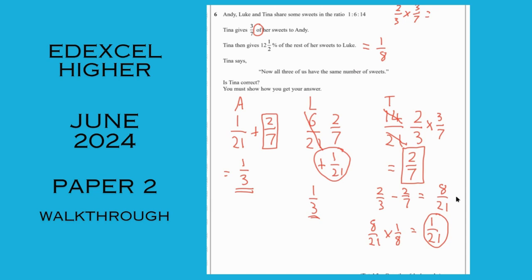You can either do over here, you can either go an eighth, 8 over 21, take away 1 over 21 is 7 over 21, which is also 1/3. But I think demonstrating that each of these is 1/3 by a process of elimination, Tina must also have 1/3, because otherwise, where else have the sweets gone?